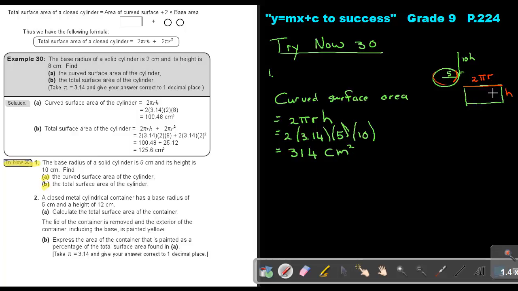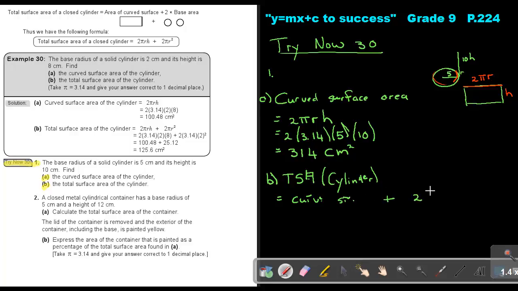Now the total surface area, number b, of a cylinder. That is the curved surface area plus 2 bases.